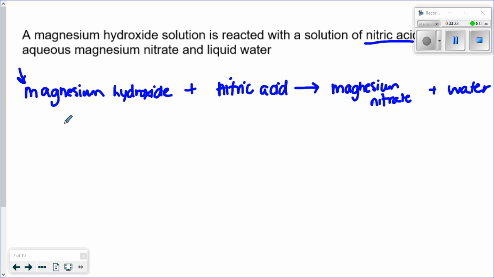So magnesium hydroxide, magnesium forms a 2+ charge, hydroxide forms a 1-. Nitric acid, so that's HNO3. So again, coming from nitrate here, gives us nitric, magnesium nitrate, sorry.